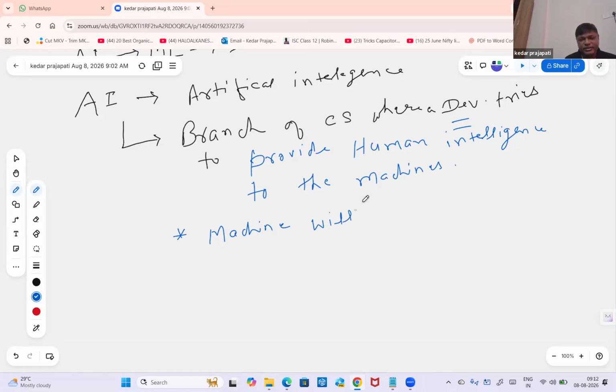So machine doesn't have a brain, right? Today, if you look at your computer, if you're purchasing a new computer, it doesn't have any brain. It has only CPU. It has all the hardware and software installed. So Notepad is there, MS Word is there. But if you just open a Notepad, it won't do any work. You have to write something.